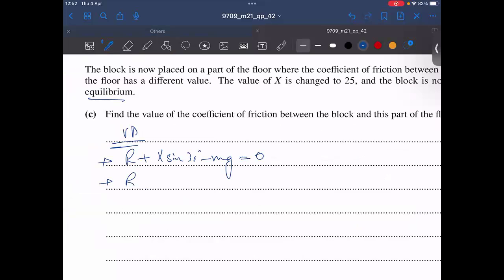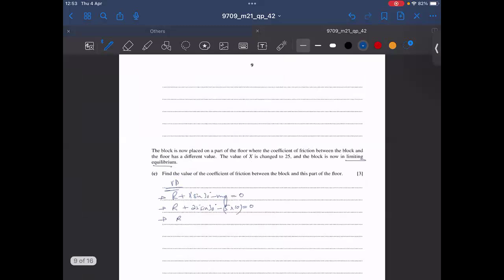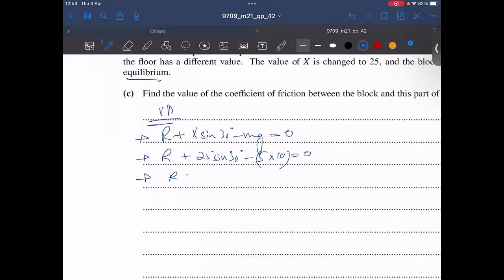R plus 25 sine 30 minus 5 into 10 equals 0. So R is going to be 12.5 minus 50, which is minus 37.5. So R is going to be equal to 37.5 Newton.